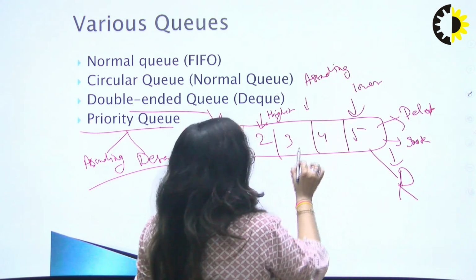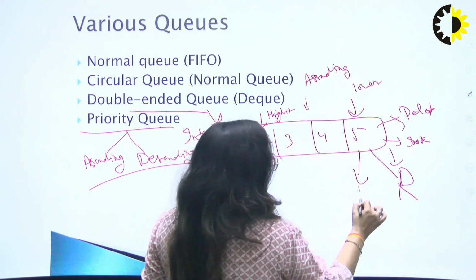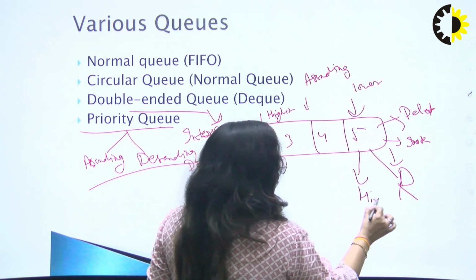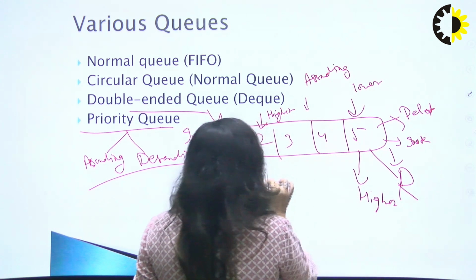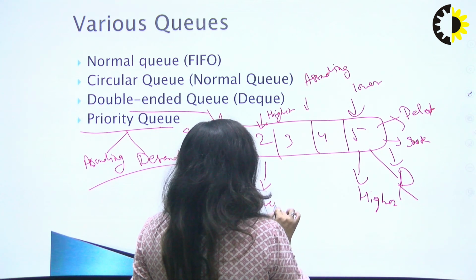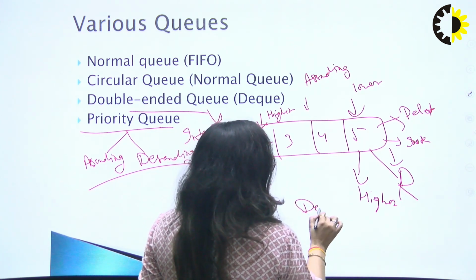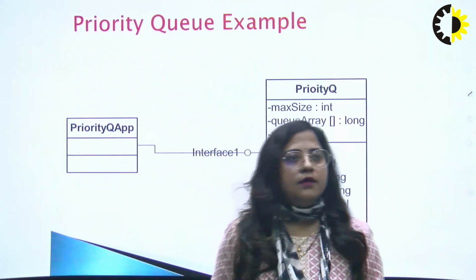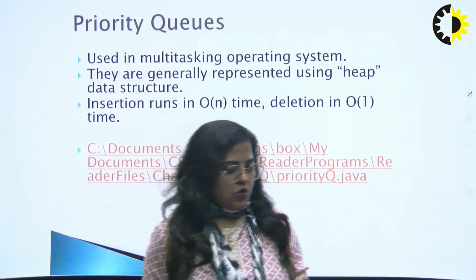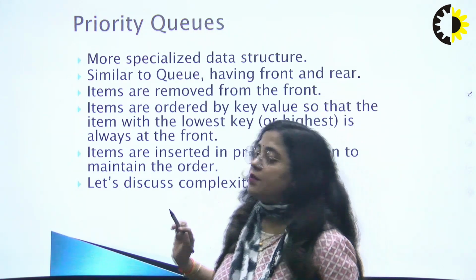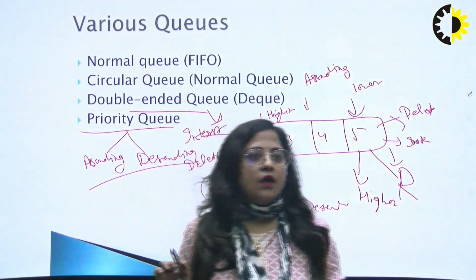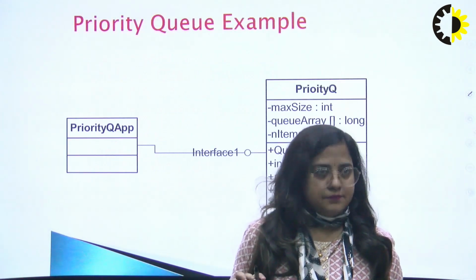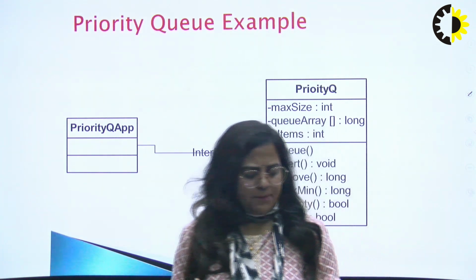But if you use the descending way, then the higher number has higher priority and the lower number has lower priority, in a descending priority queue. Okay? This is some example. This is some example of this priority queue.